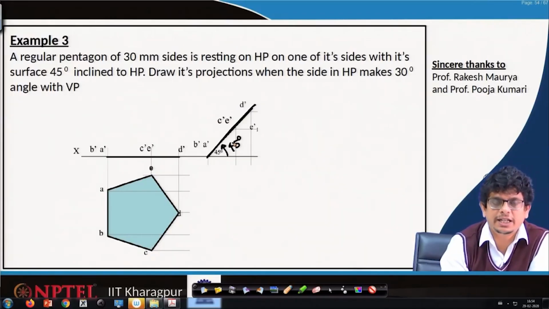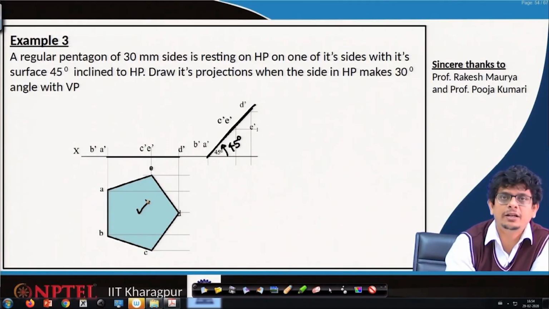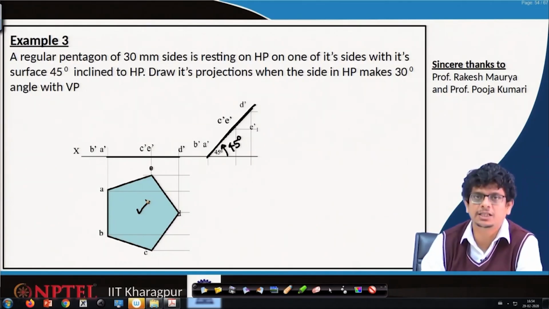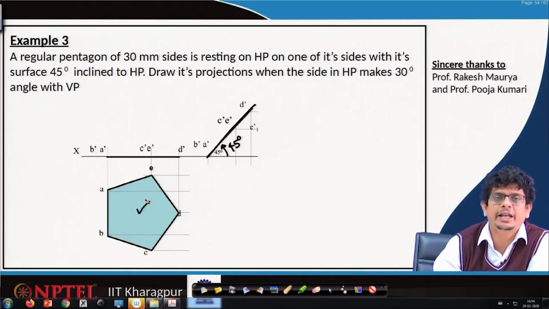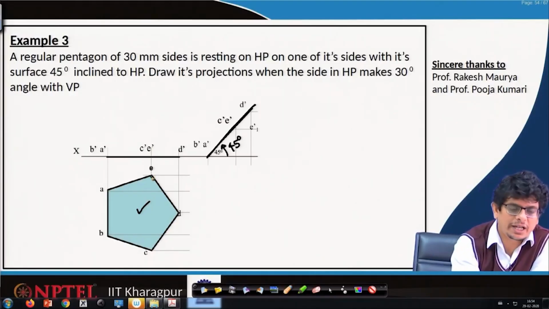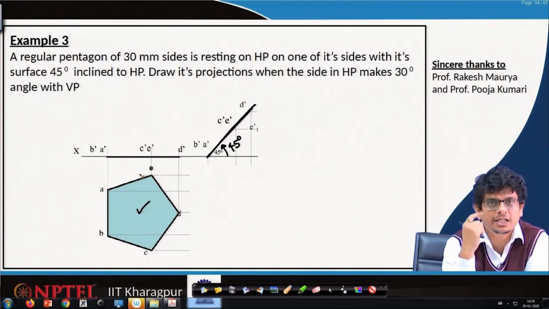If it is resting on the horizontal plane, we see the pentagon completely. If the pentagon is completely resting on the horizontal plane, we see that entire shape. By rotating it suitably, one of the edges we can make 45 degrees or 30 degrees, 60 degrees and so on.